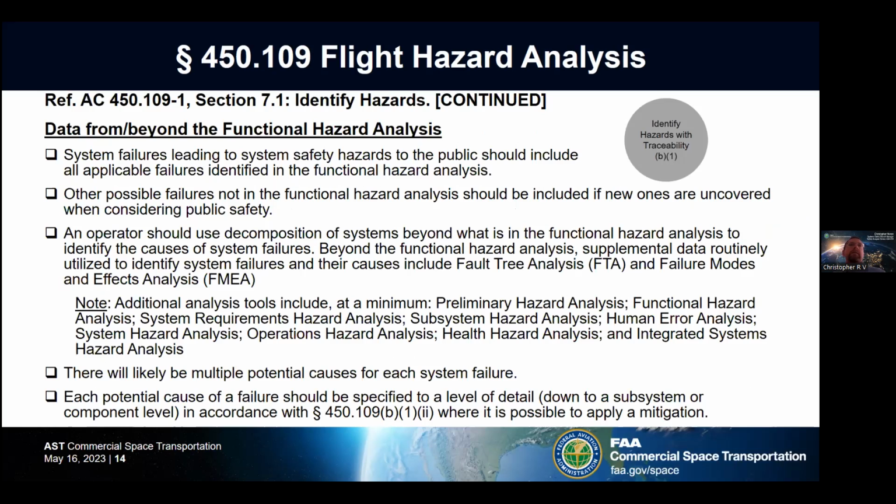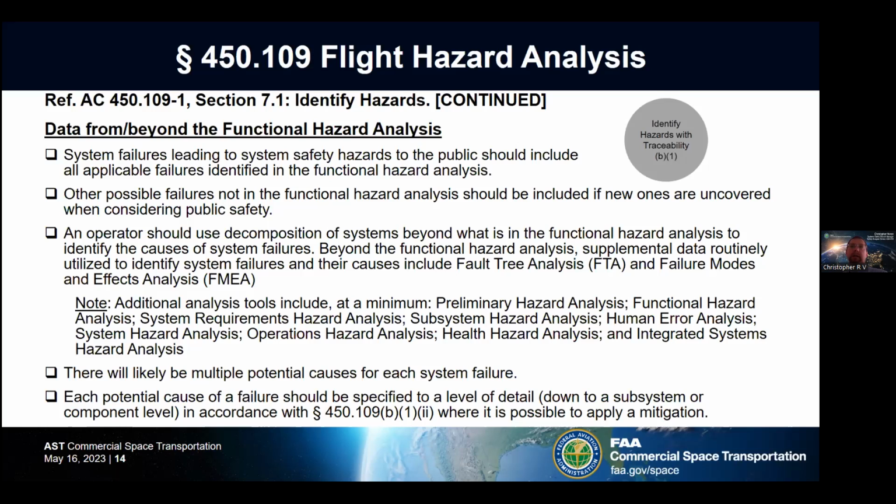Continuing on identifying hazards, data from and beyond the functional hazard analysis could include system failures leading to system safety hazards to the public, including all applicable failures identified in the functional hazard analysis. Other possible failures not in the functional hazard analysis should be included if new ones are uncovered when considering public safety. An operator should decompose systems beyond what is in the functional hazard analysis to identify the causes of system failures.